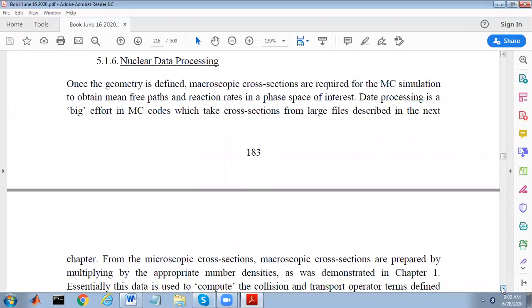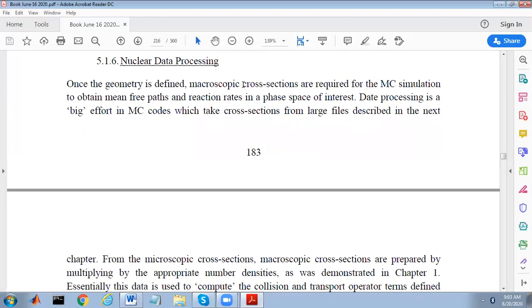Now let's come to nuclear data processing. A lot of nuclear data is available for elements of the periodic table, beginning from hydrogen, going to U238, plutonium, and beyond. The data was first evaluated experimentally and theoretically at national labs in America.